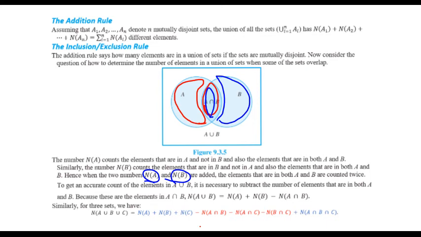So you can extend the inclusion-exclusion rule to three different sets, A, B, and C, and we can have this equation right here.